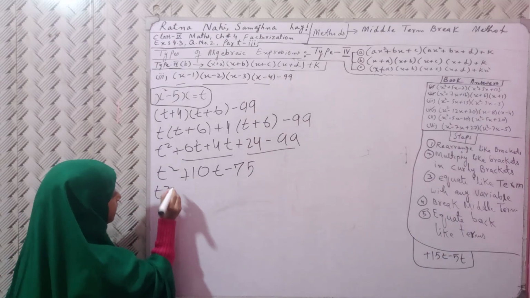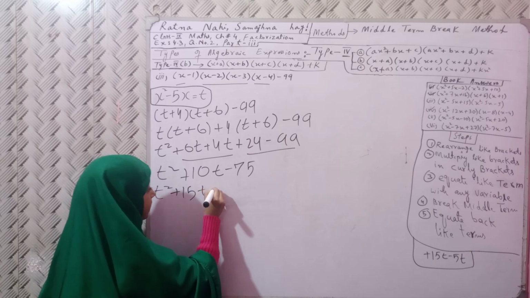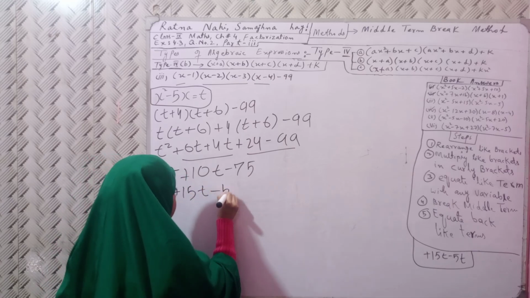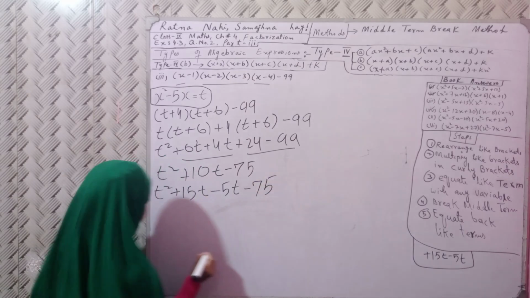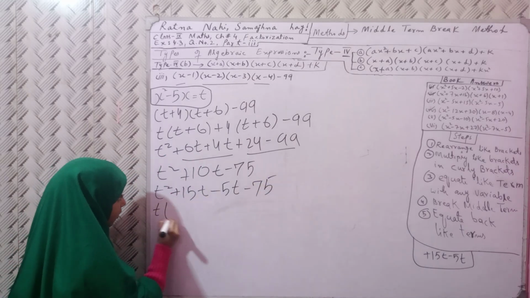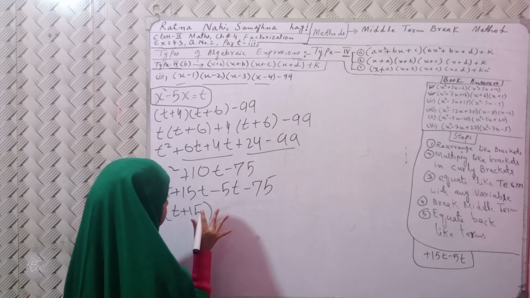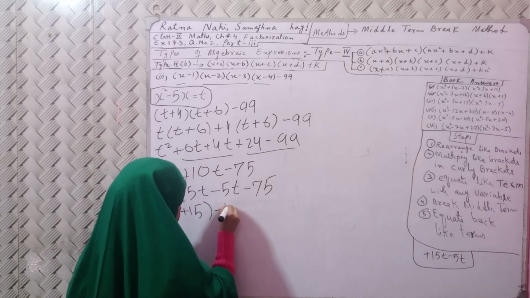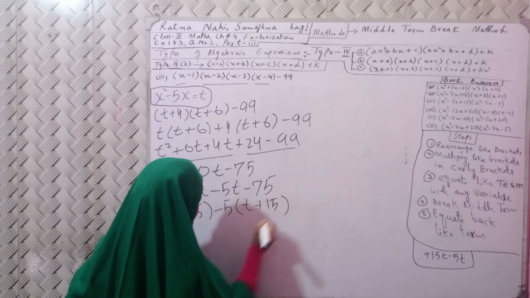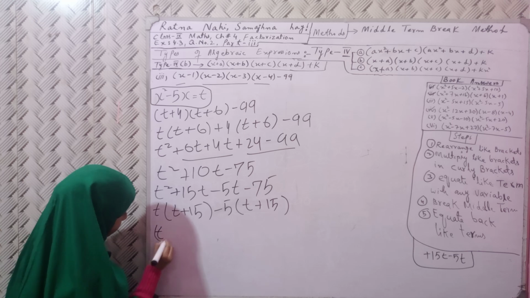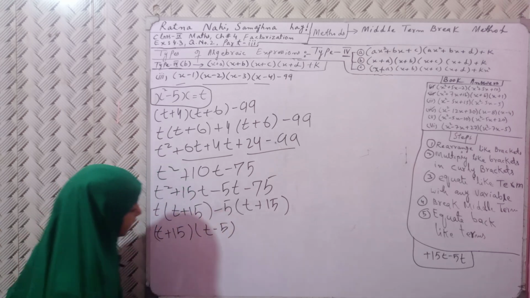First of all, t² will become + 15t - 5t - 75. t will be common here, (t + 15), then 5 will be common here. Then this (t + 15) will become here, (t - 5) will become here.